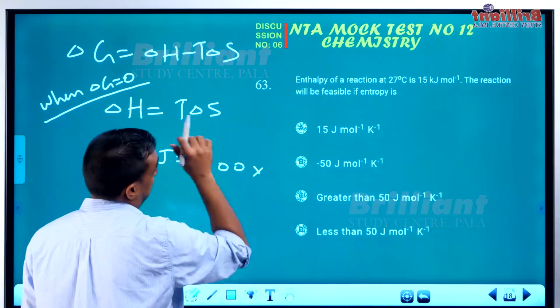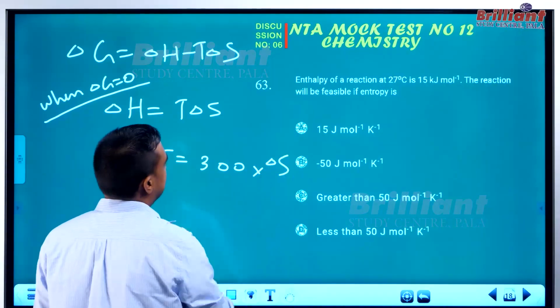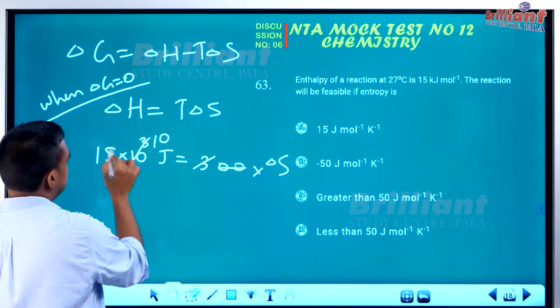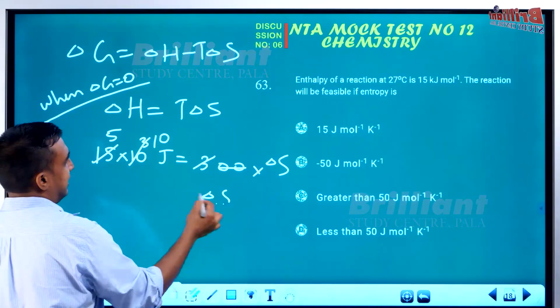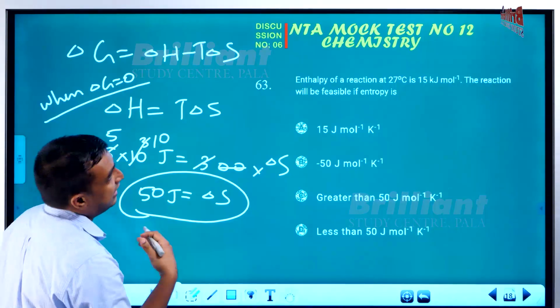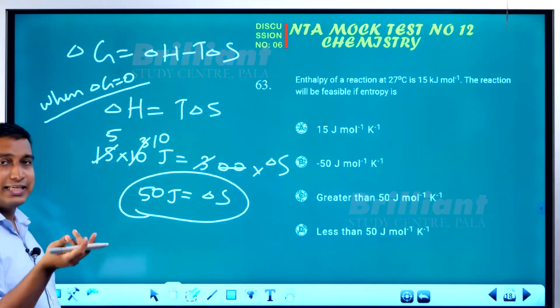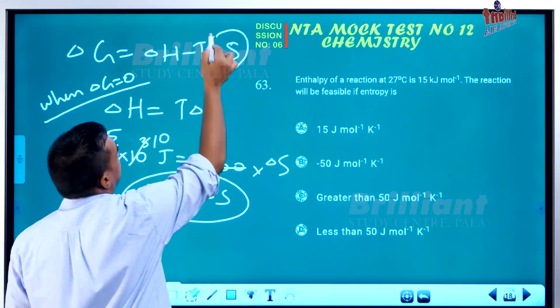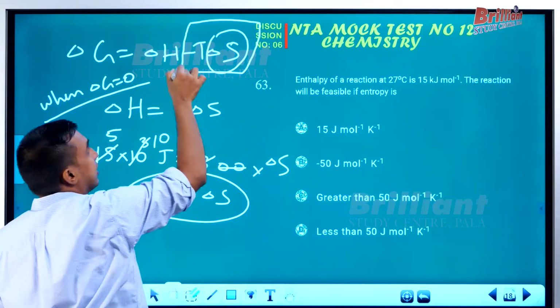What is delta S? I can find delta S from this. From this I can get delta S as 50 joule. Now what they are asking is when the reaction becomes feasible, at what entropy. Now if my delta S is a bigger value, this whole thing will become more negative.